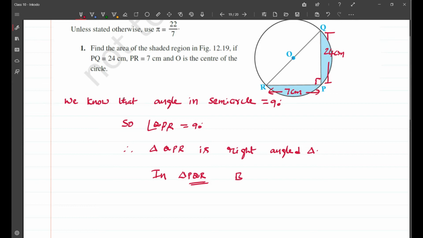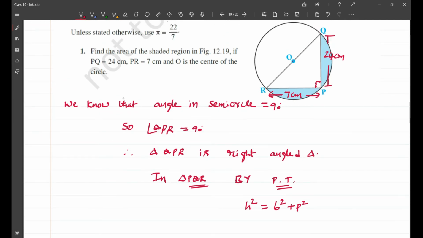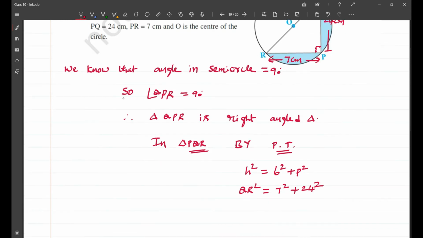So by Pythagoras theorem, we can write hypotenuse square equals base square plus perpendicular square. In this, hypotenuse is QR. So I am writing here QR square, and given base is 7 square and perpendicular square, that is 24 square.